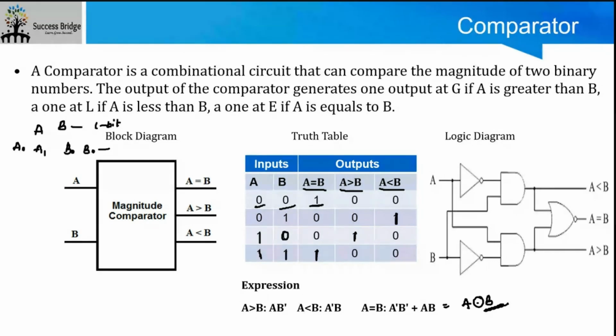Okay, which makes A equal to B. So 0, 0 and 1, 1 will make the values equal. And 1, 0 will make A greater than B and 0, 1 makes A less than B. As simple as that. So you just create the schematic as for that.